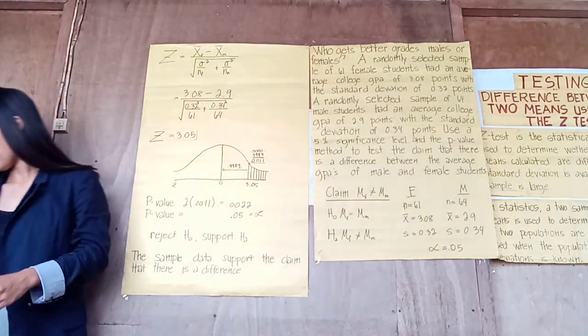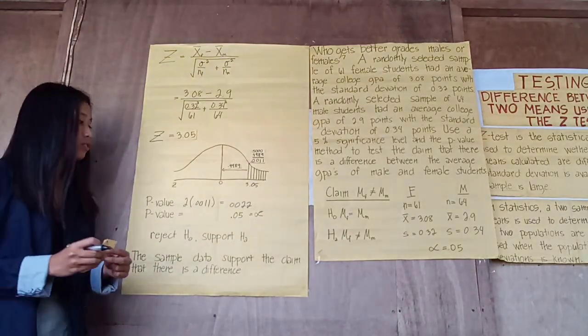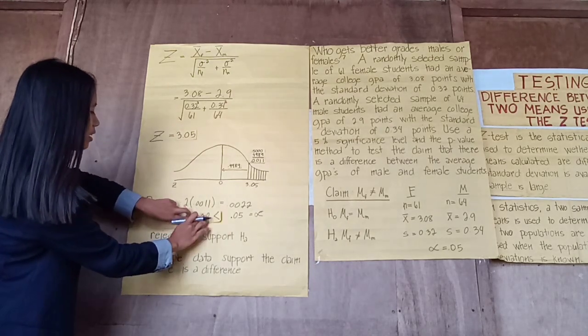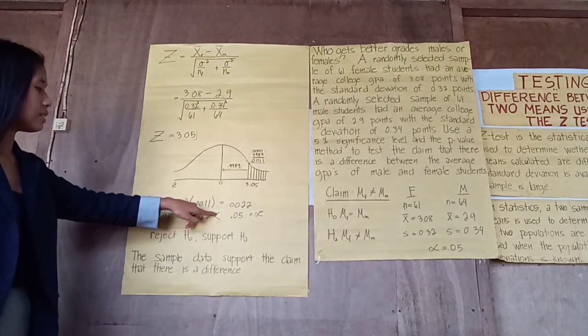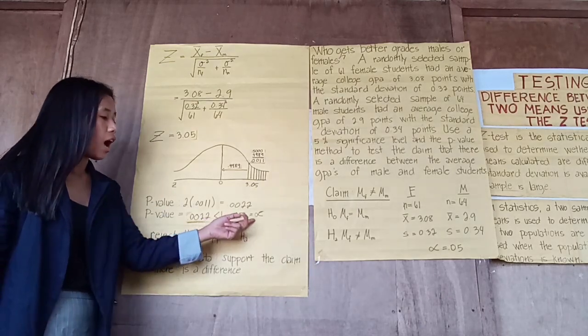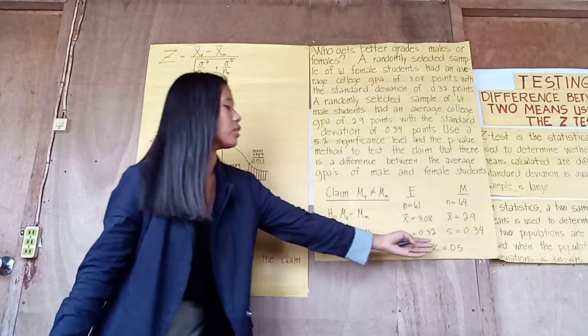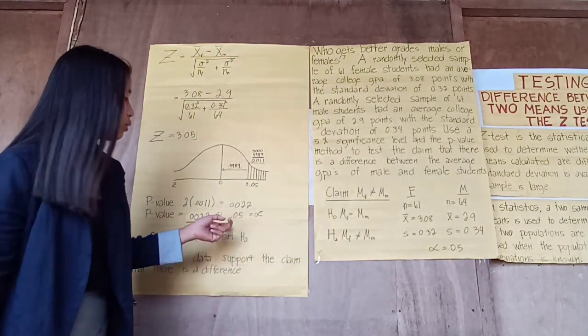And with that, 0.0022 dictates that our P value is less than our alpha, which is our significance level, which is 5% or 0.05.